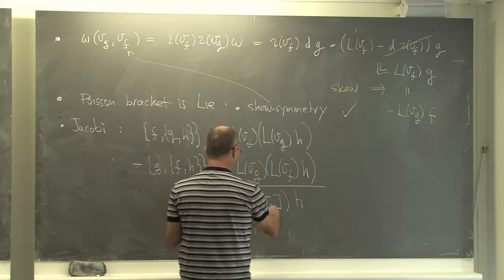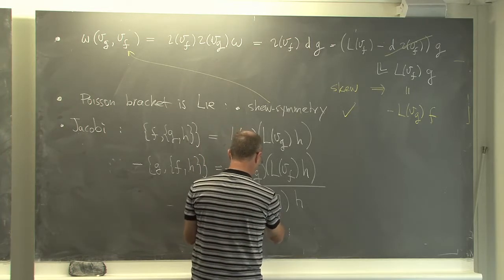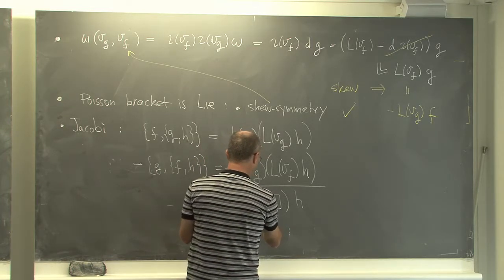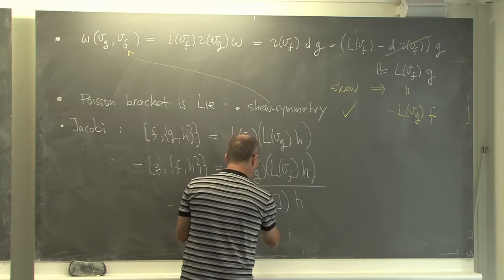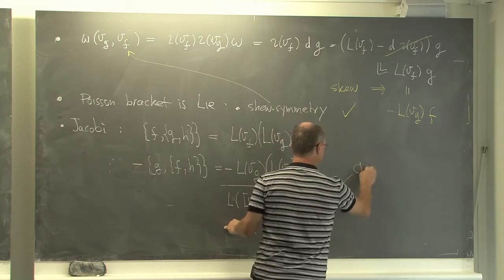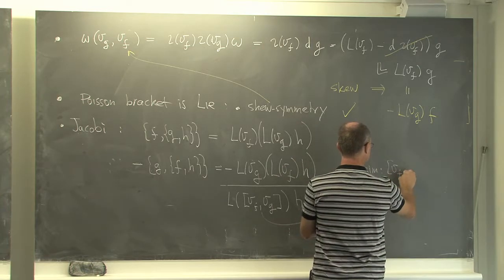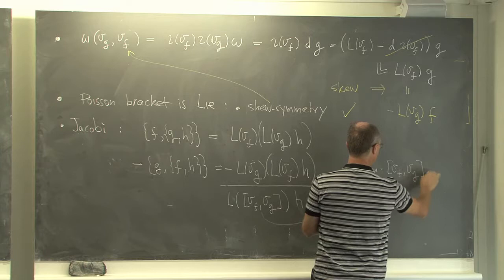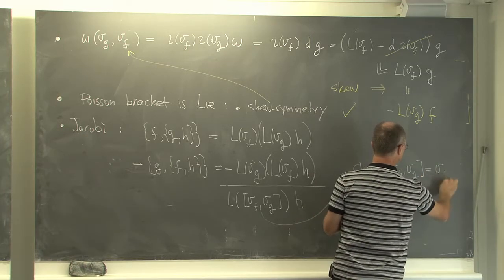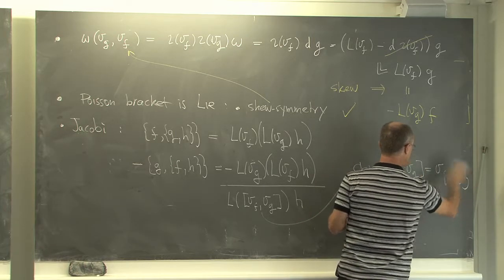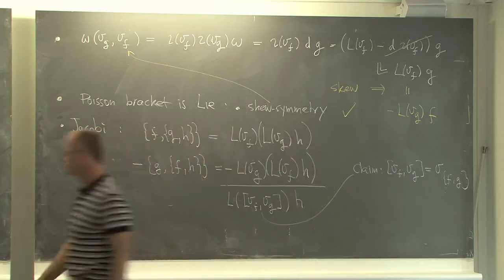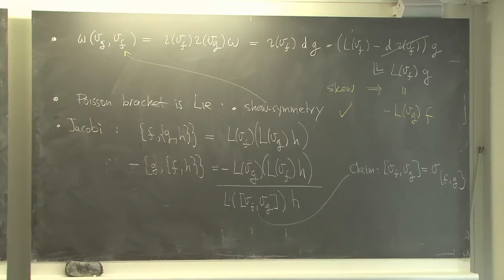And now I claim that the commutator of Vf and Vg is equal to V of the Poisson bracket {f, g}.